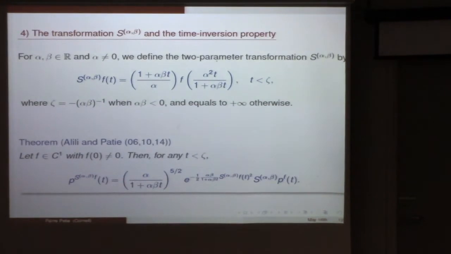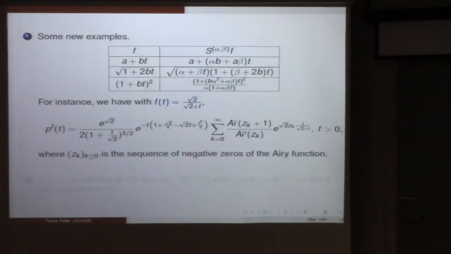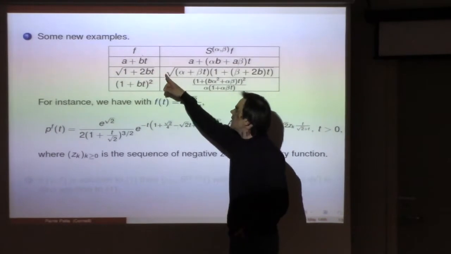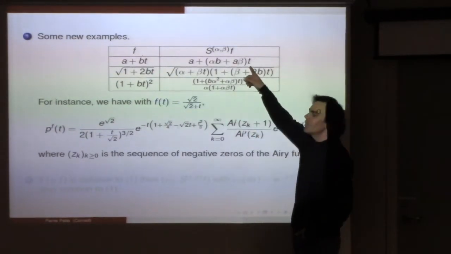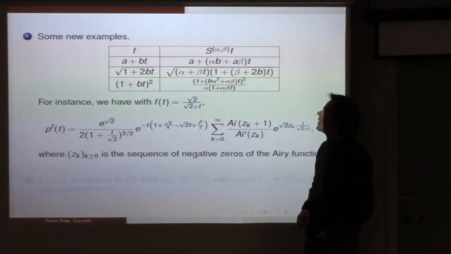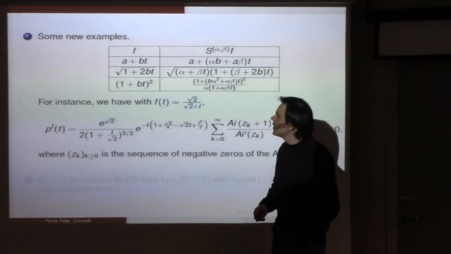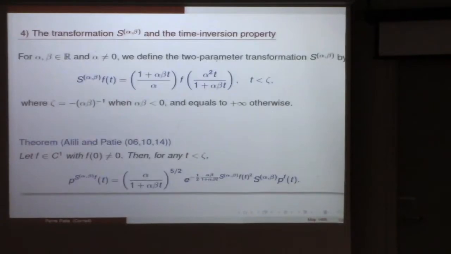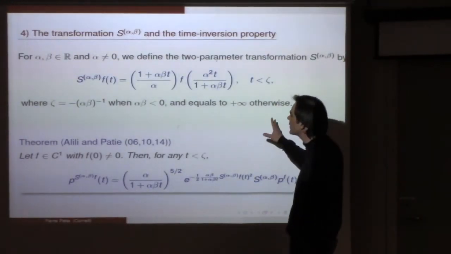So let me give you some examples of curves that we can study now. The image of an affine function is an affine function, so it's almost invariant. There is one thing I should say now: we actually prove this statement in different ways.